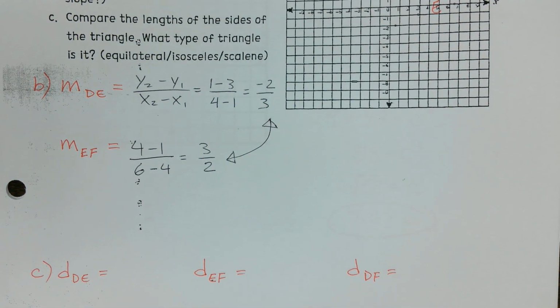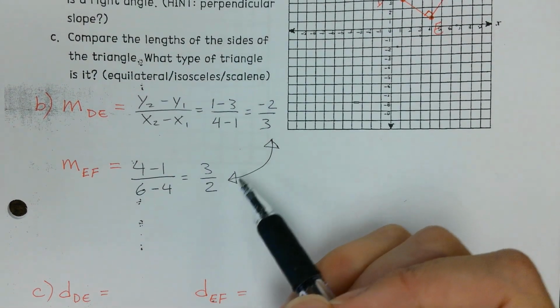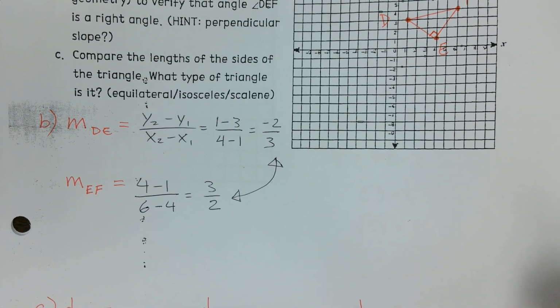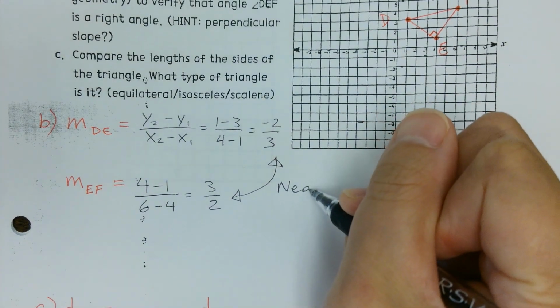Okay. So I looked around. A lot of you guys got these two as the slope. What do you notice about these two slopes? Nikki? Negative reciprocal of each other.